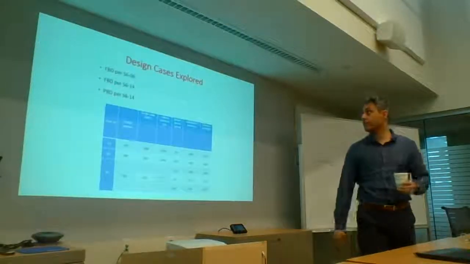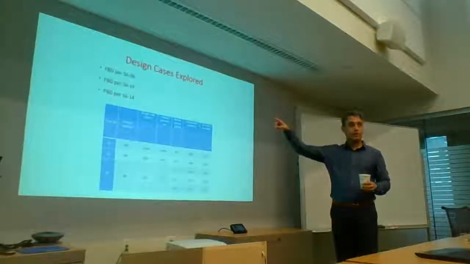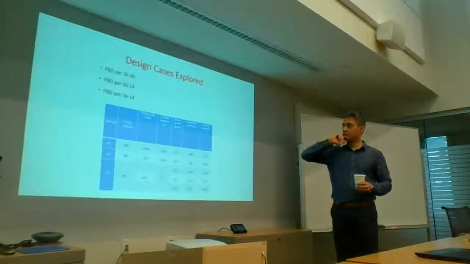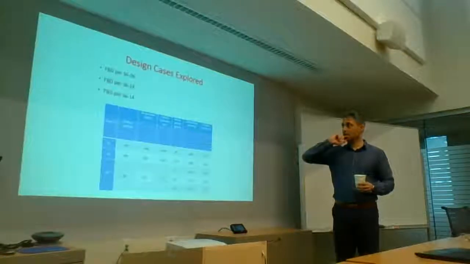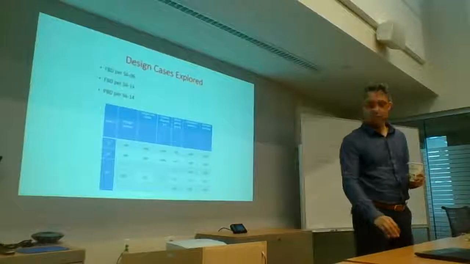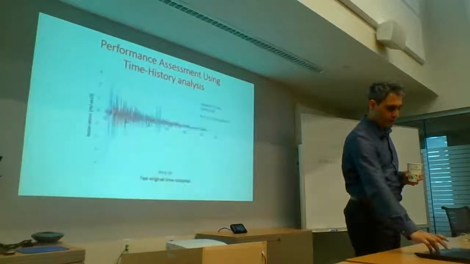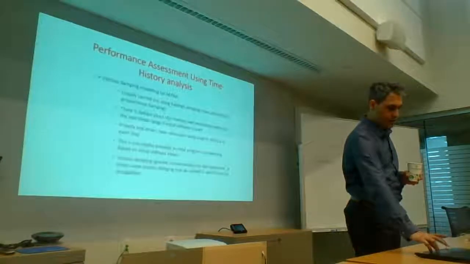Now, we looked at 3 different cases, and then I'll take you directly to the results. We looked at force-based design for S606, force-based design for S614, and performance-based design for S614. He did a bunch of pushovers and time histories.